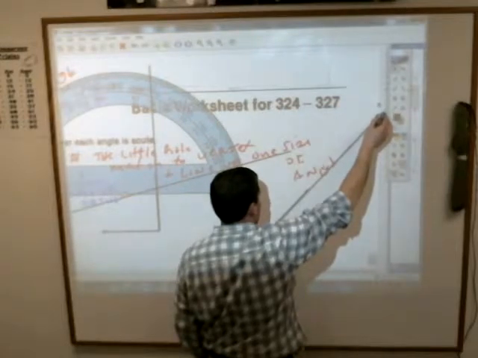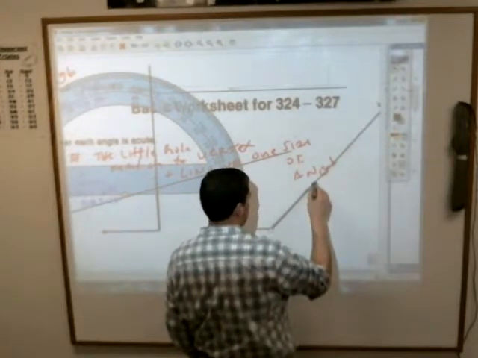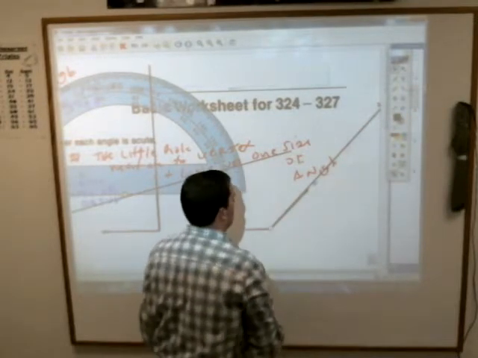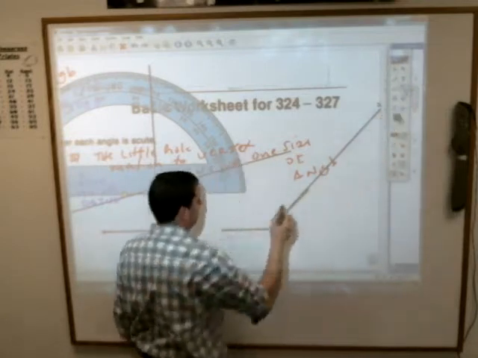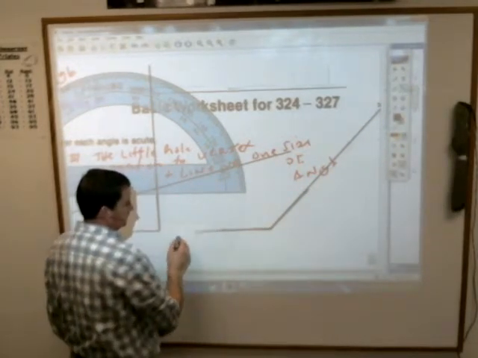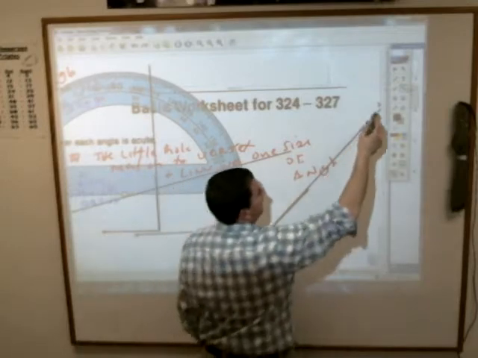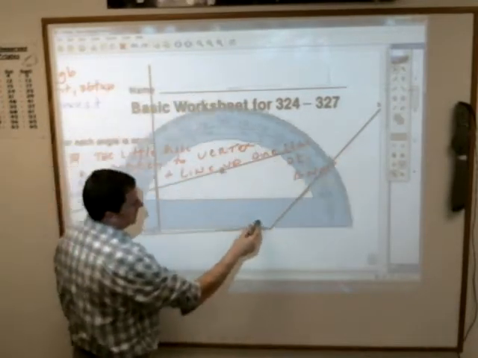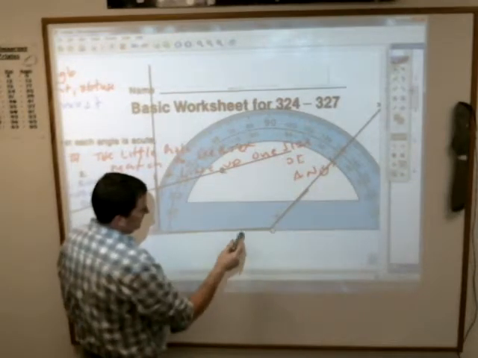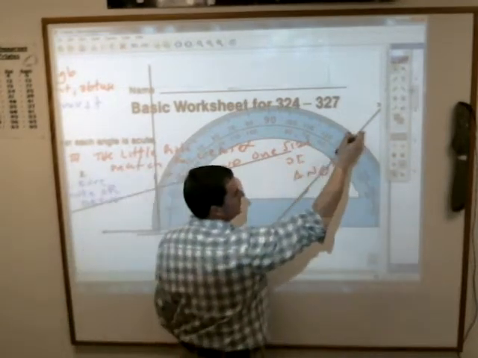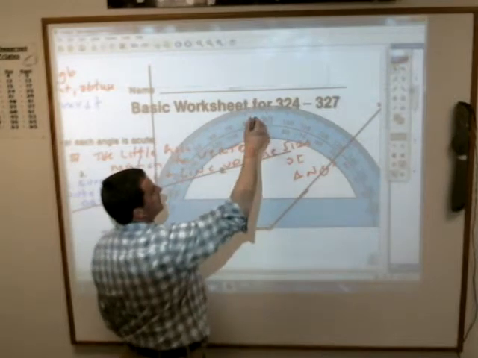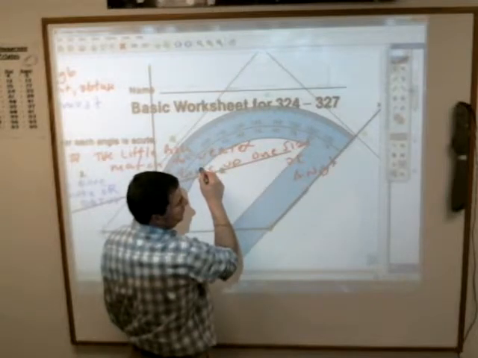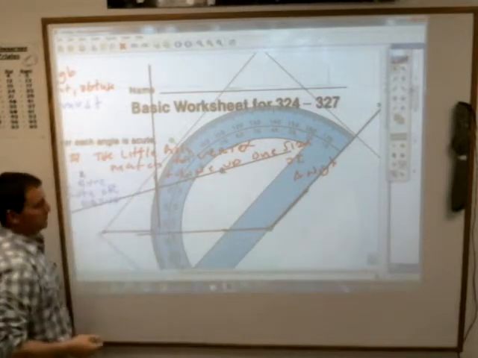There are a couple different ways to measure this line. Most of you put your protractor on this like this and measured that long, and you kind of ran out of room over here. You could also spin your protractor like this, and it'll give you more room to measure the other angle that goes through it over there. You'll still get the same.